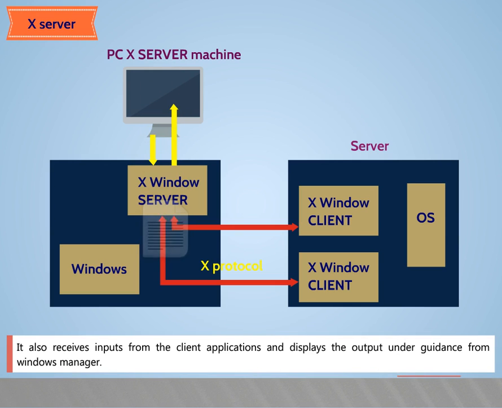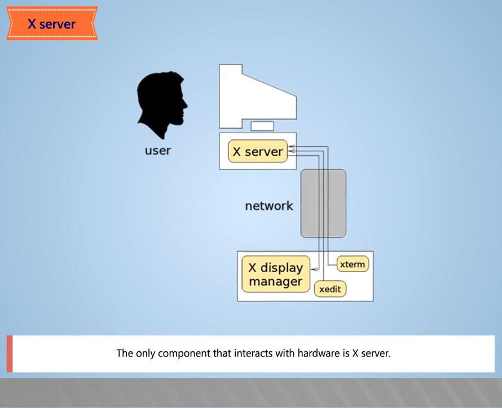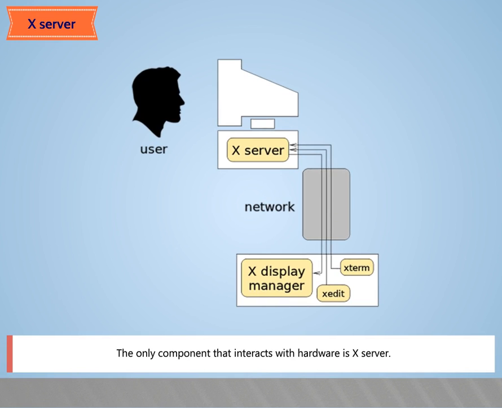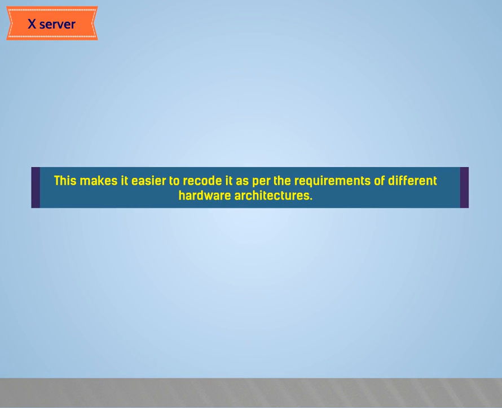It also receives inputs from the client applications and displays the output under guidance from Windows Manager. The only component that interacts with hardware is X server. This makes it easier to recode it as per the requirements of different hardware architectures.